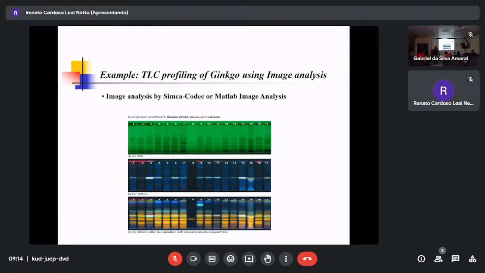I want to see only alcohol, then drag and drop. Or you want to see the phenolic, flavonol, then you can do it with the natural product reagent. You want to see double bonds, then iodine. Something like this, very general detection with a very specific reagent.